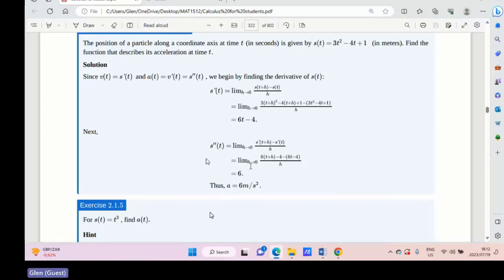Who didn't find 60, the final answer? After deriving twice, you got 6t. Oh, 60, not 16. I agree, 60. Do you agree, Lerato? 60, I agree, yes, 6t. Princess, is there any disagreement from anyone?